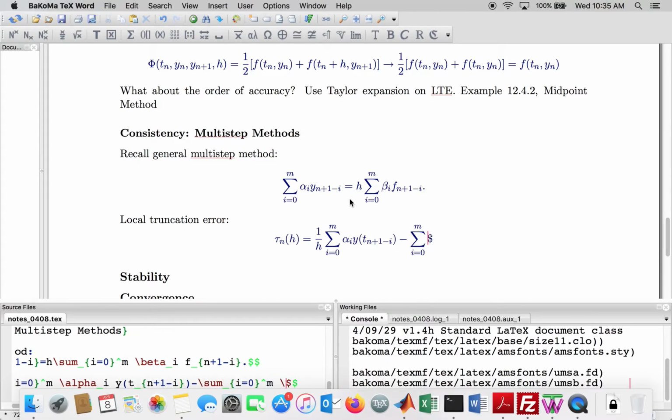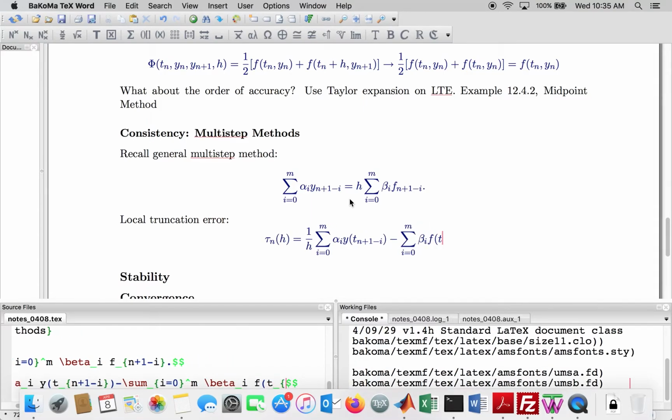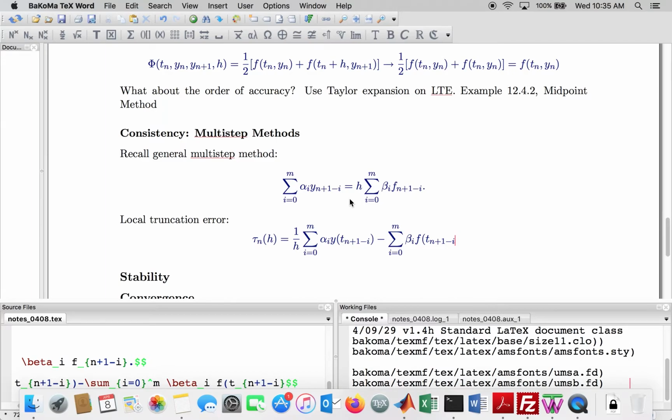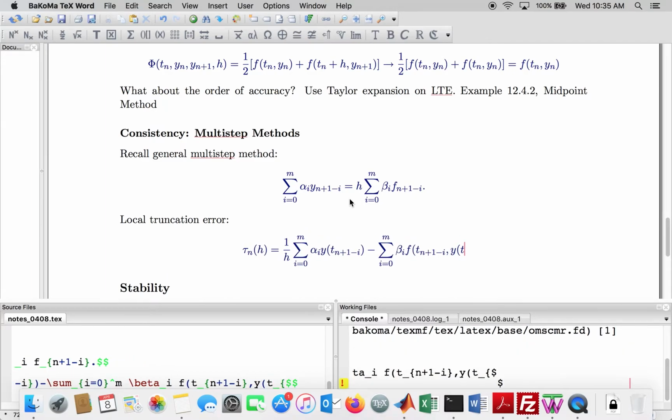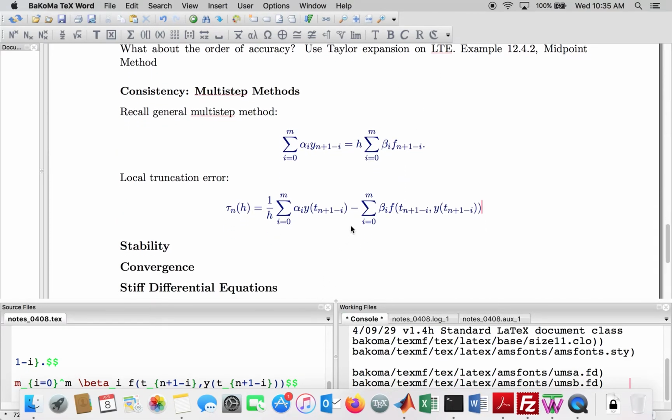And what we have now is beta i f of t n plus 1 minus i, y of t n plus 1 minus i. So that's the local truncation error in general. Oh, this can be quite the pain to evaluate.